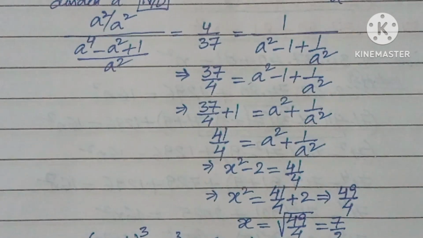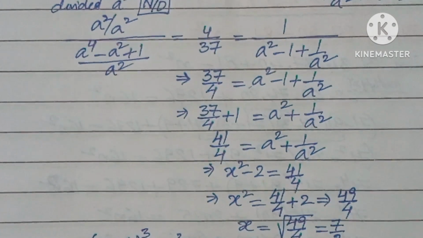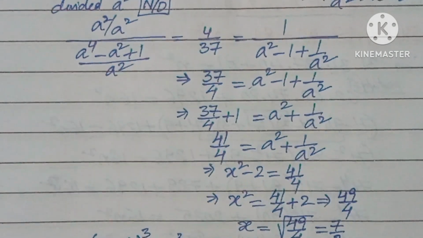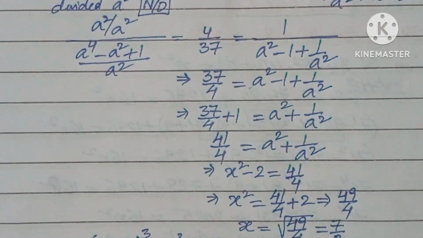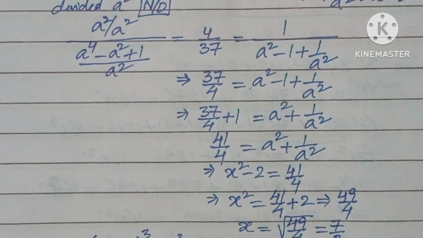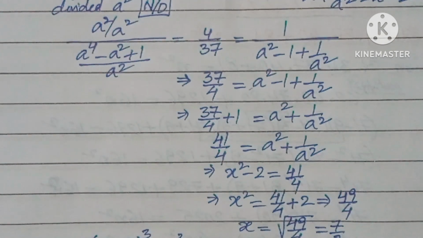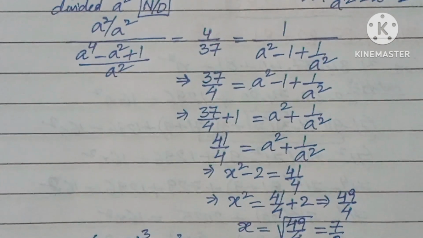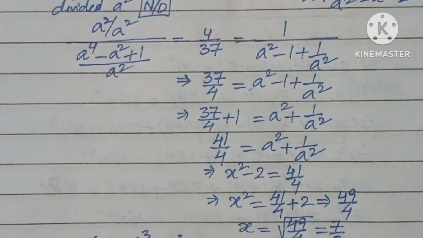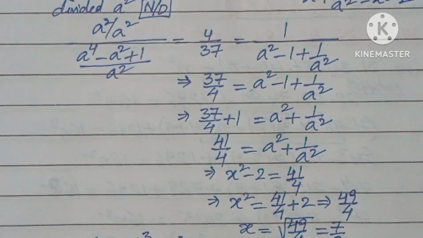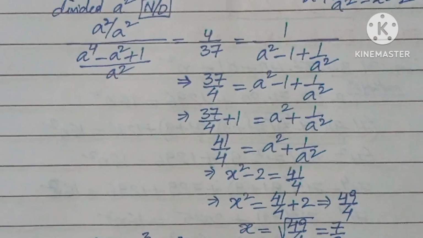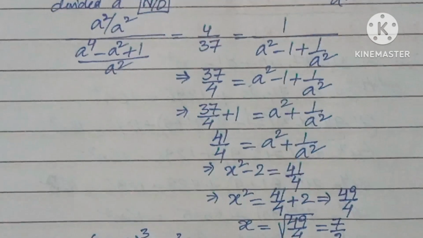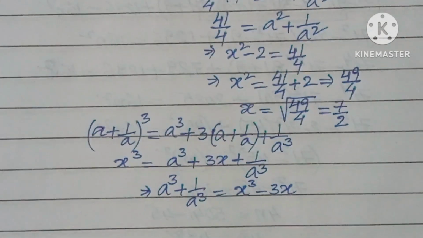So here a plus 1 by a is x. x cube is equal to a cube plus 3x plus 1 by a cube. That implies a cube plus 1 by a cube is equal to x cube minus 3x.